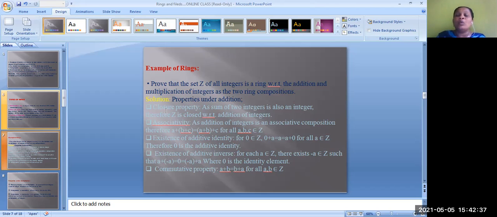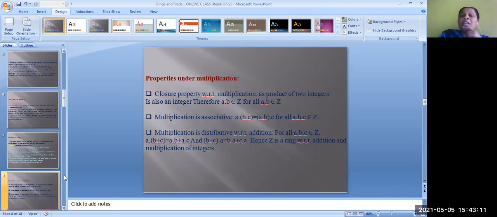Next, the inverse. For A belonging to Z, there exists minus A belonging to Z such that A plus minus A is equal to 0 and minus A plus A is equal to 0, where 0 is an identity. Last, in addition, the commutative property: A plus B is equal to B plus A for all A, B belonging to Z.